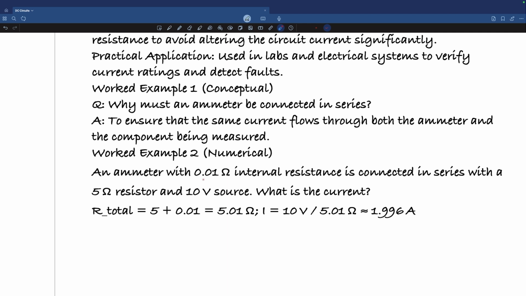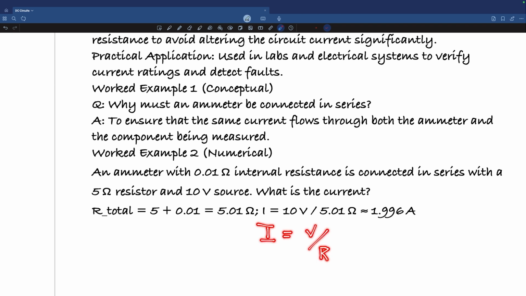An ammeter with 0.01 ohms internal resistance, see, very small, is connected in series with a 5 ohm resistor and a 10 volt source. What's the current? What do you do first? You have to add these two because they are in series. So you get 5.01 ohm. Then apply Ohm's law. 10 divided by that, because according to Ohm's law, I is equal to V by R. Is it not?